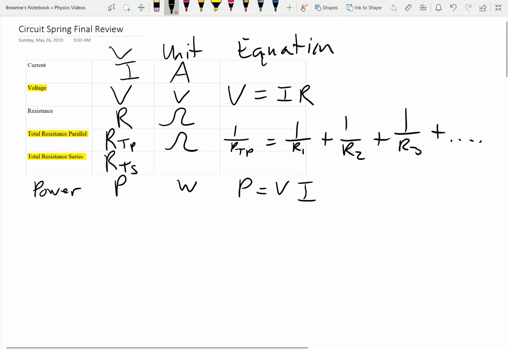So your total resistance in a series just has a little s. It's still measured in ohms, and that'd be your total resistance in series. You just add up your resistance, and you add up as many as you have.